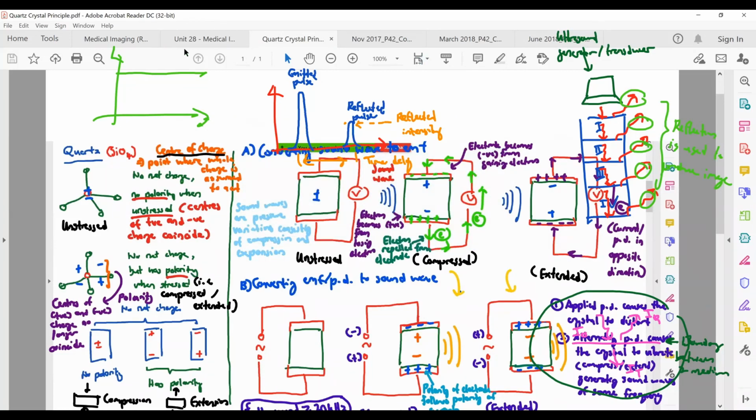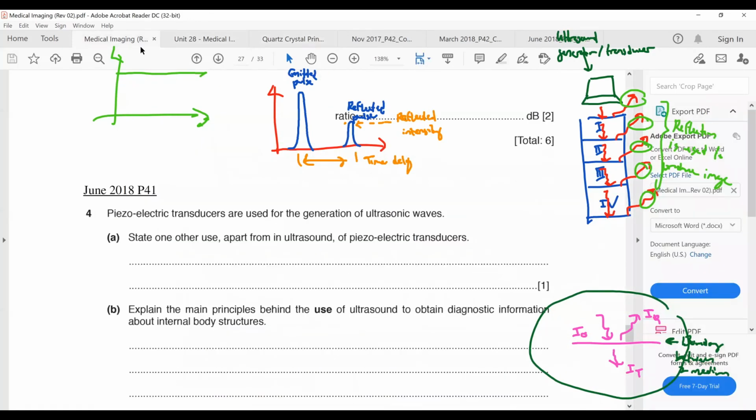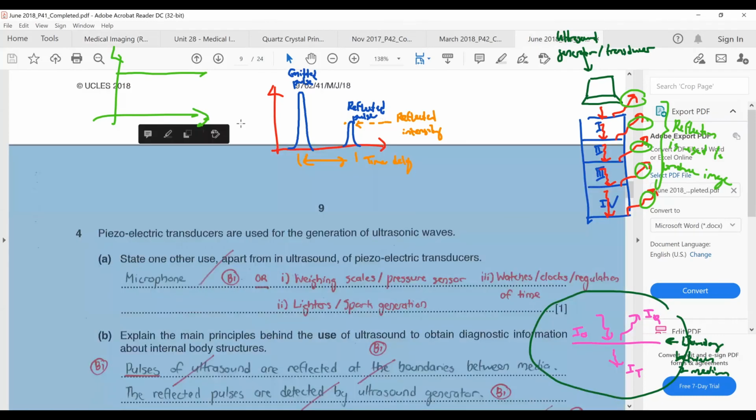Let me draw a simple diagram to illustrate. You speak into a mic, and then you have a speaker. This is your speaker, and this is your microphone.